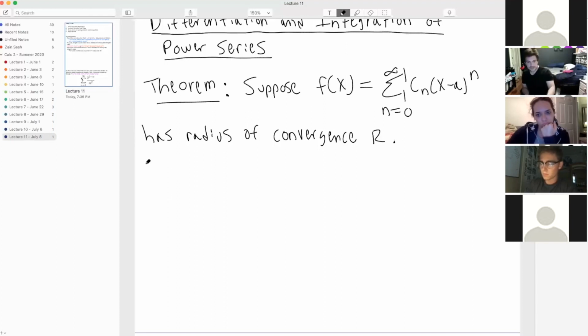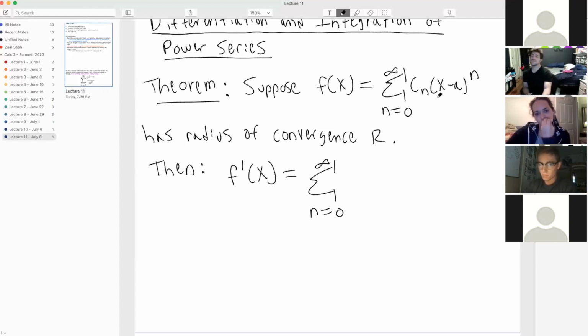That's what this theorem is going to tell us. Then f prime of x, the derivative of f, is equal to the sum n equals 0 to infinity. So it's actually, you just use the power rule on each summand, okay? So it's n multiplied by c sub n multiplied by x minus a to the n minus 1 power, okay?